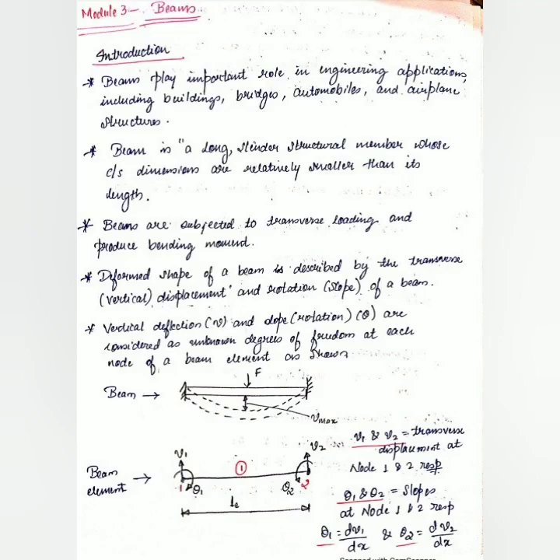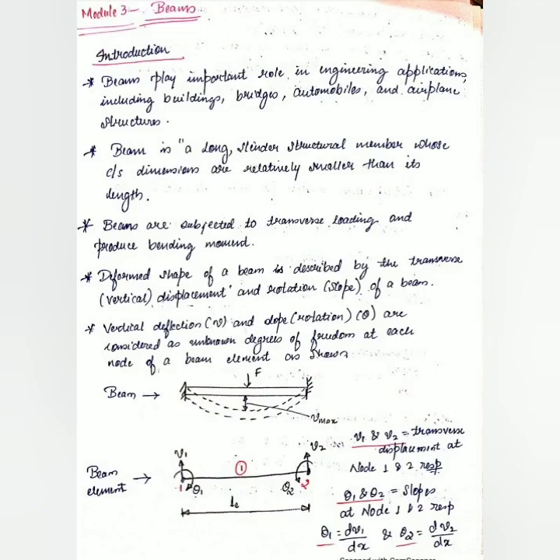So theta, that is slope, is expressed by dV by dx in this beam chapter. For node 1, theta 1 equals dV1 upon dx and theta 2 equals dV2 by dx. In general, if you plot a line in the xy coordinate system, slope is given by dy by dx.